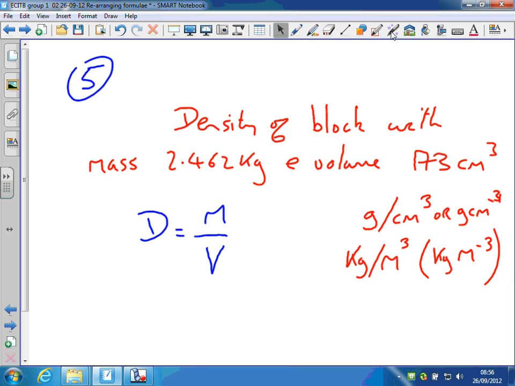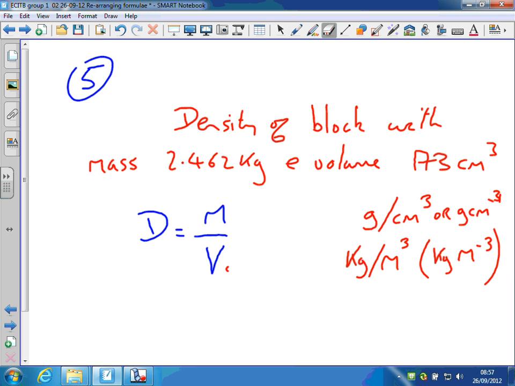Note that the unit gives us a clue as to the formula. Grams per cubic centimetre. So if I measure the mass in grams and the volume in cubic centimetres, I've got grams per cubic centimetre. So that gives me the formula, or the formula gives me the unit, whichever way you want to remember it.